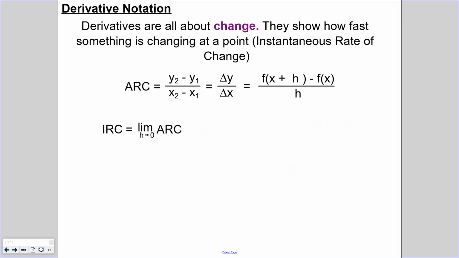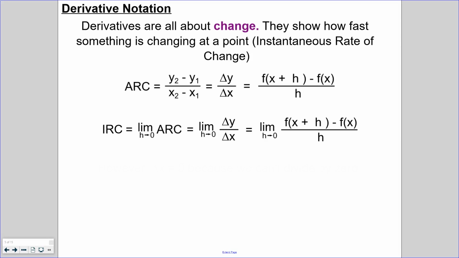And since we know the average rate of change is equal to delta y over delta x, we can really just set this equal to the limit as h approaches 0 of delta y over delta x, which we can then rewrite one more time to be the limit as h approaches 0 of f of x plus h minus f of x all over h. So now we have multiple forms. We talked about many different formulas or ways of writing average rate of change or instantaneous rate of change.